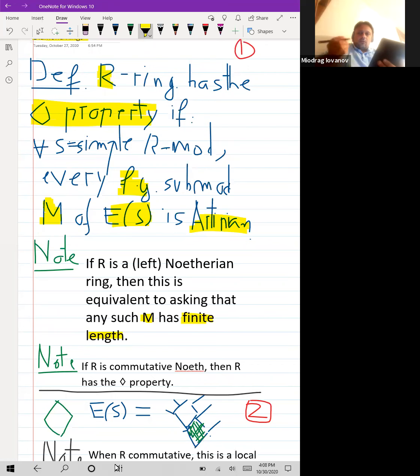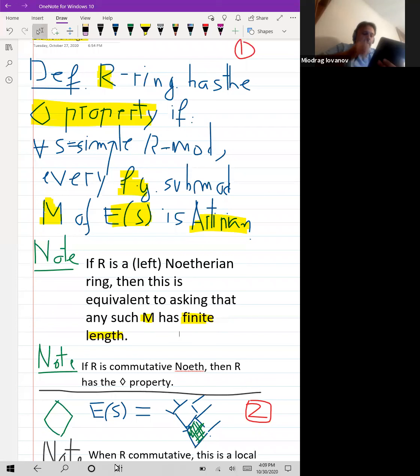Of course, every element in the module belongs to some finitely generated, or even cyclic, submodule, and that means that the injective hull is locally finite. We say a module is locally finite if it's the sum of its submodules of finite length.